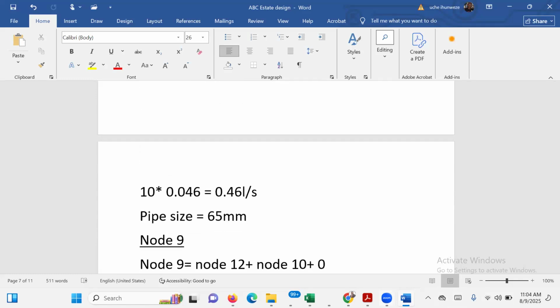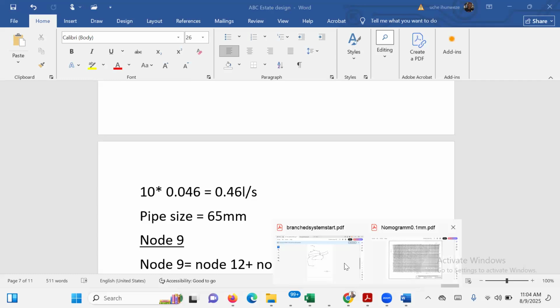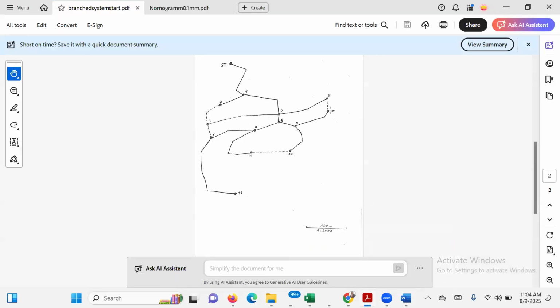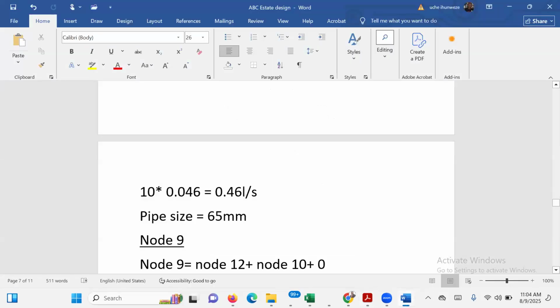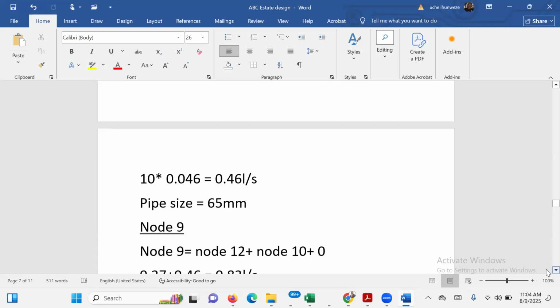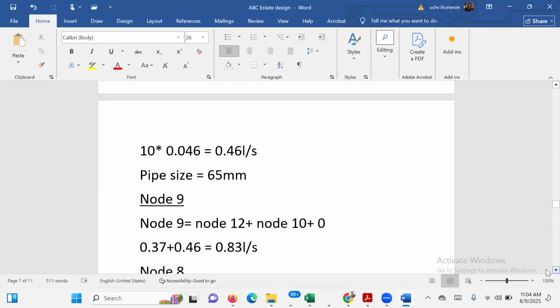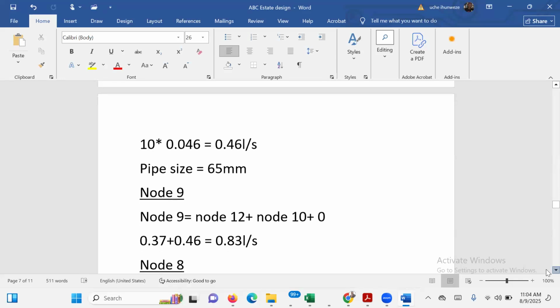Node 10, I think, shares the same fate as node 12. Look at node 10. All the houses between 9 and 10, there are about 10 of them. I'll just multiply 10 times that value to still remain nominal pipe. So you can see that the end pipes are just effective because there are no downstream houses.